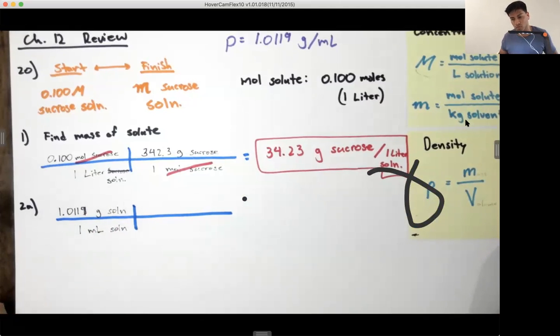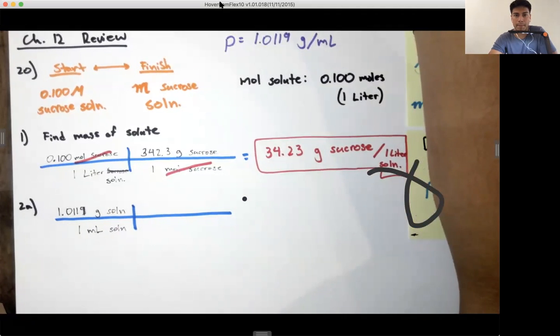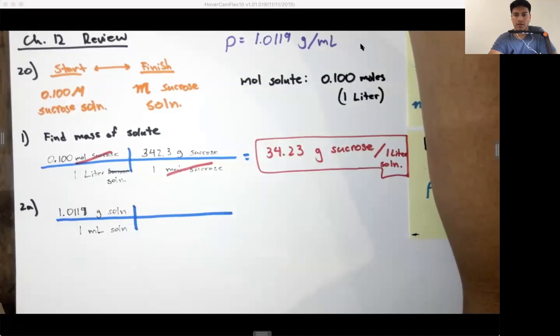Can someone tell me what conversion factor we can use to turn this milliliters into liters? What do you guys think? 1/1000. Exactly. Actually not 1/1000, but 1000/1. Yes.